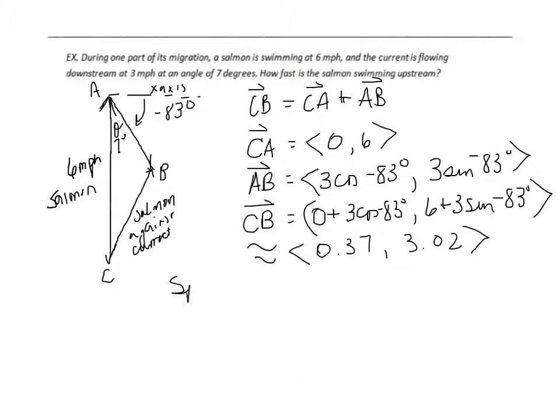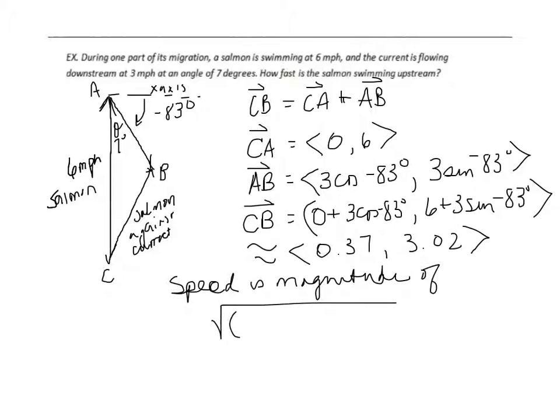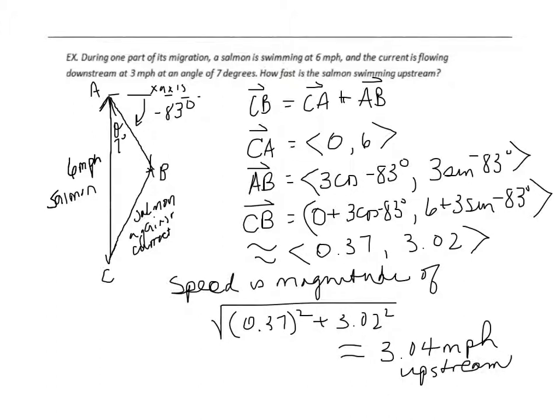So the speed is the magnitude of 0.37 squared plus 3.02 squared, which is approximately 3.04 miles per hour upstream. And that is how that one goes.